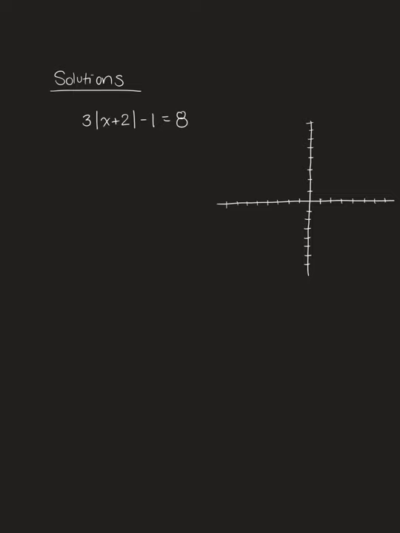So before, we've learned to solve absolute values by getting the absolute value by itself. Okay, divide by 3. Then I make my two equations. So one where it equals a positive 3 and one where it equals a negative 3.